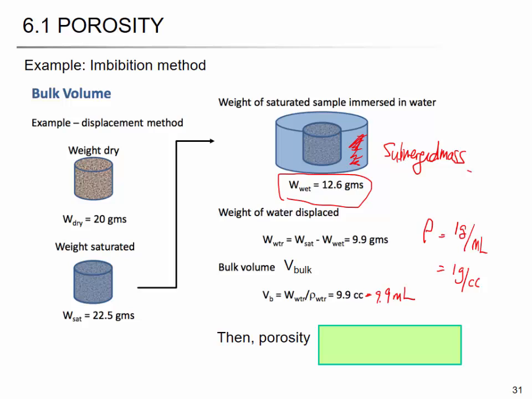Then how much is the porosity? So you have a bulk volume here, and you have a pore volume from these two values. How much is the pore volume?